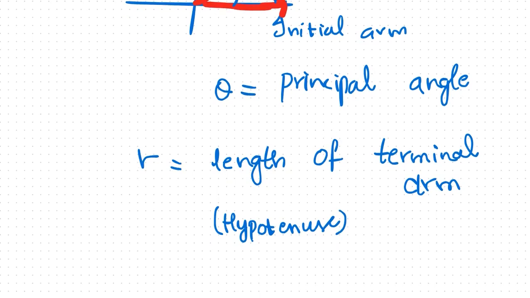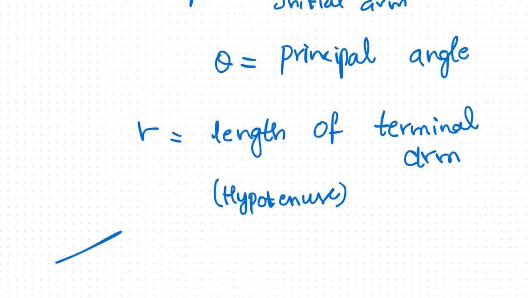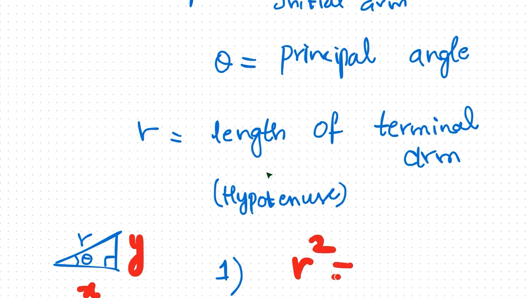Okay, so in that triangle, if you study it carefully, this angle is theta, this is 90 degrees, this is r. How much is this length? x. The other one is y. So first things first. Application one is the Pythagoras theorem, which is r squared equals x squared plus y squared.